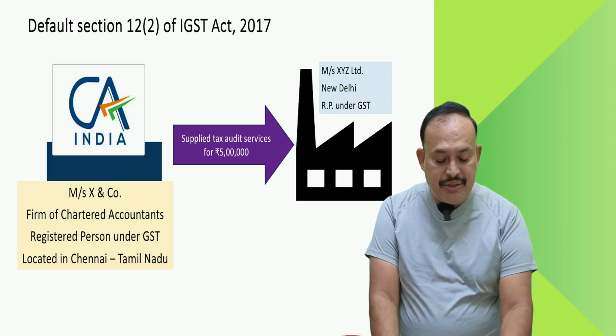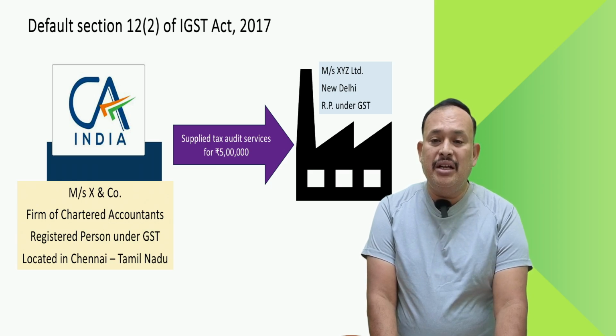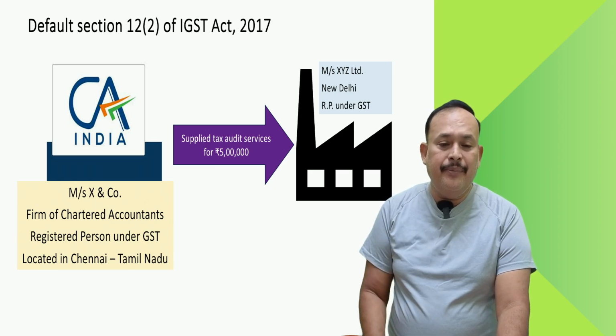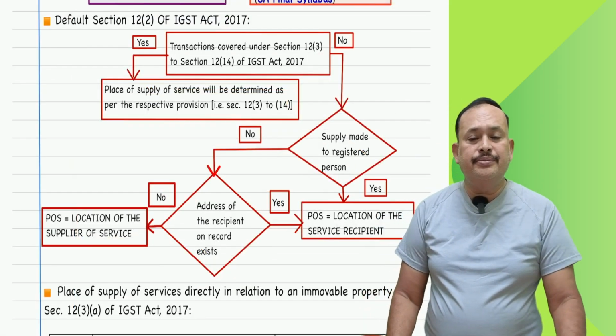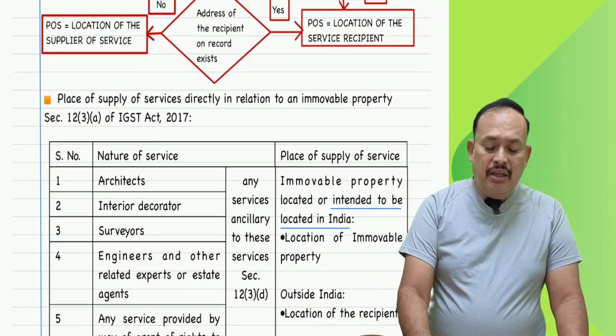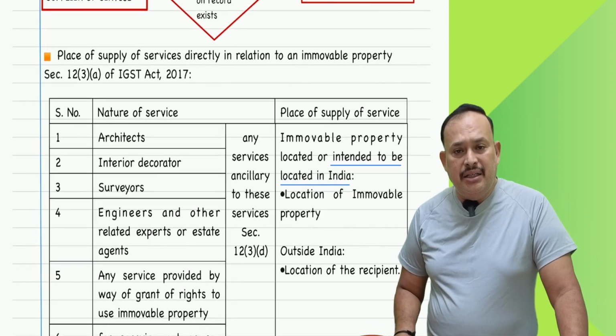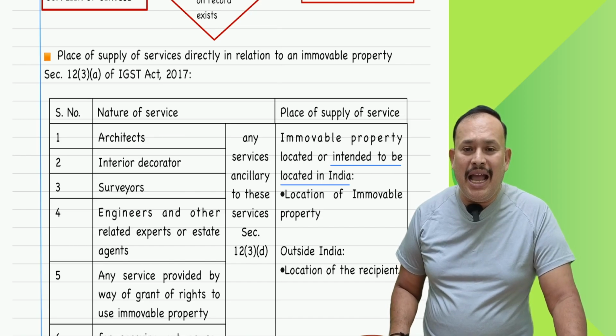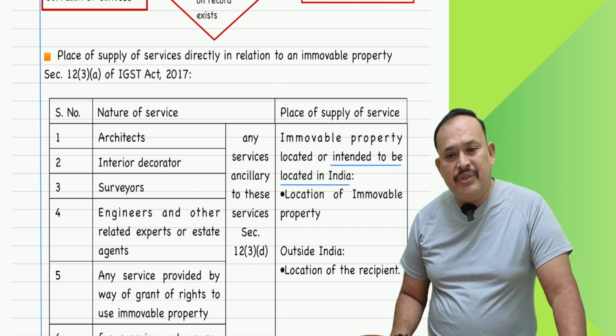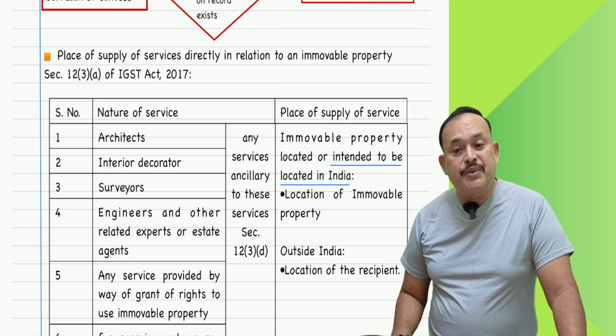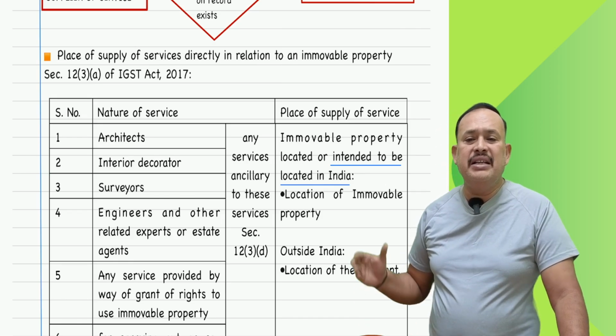Further, my dear friends, coming to section 12 subsection 3, which talks about services supplied directly in relation to an immovable property. Section 12 subsection 3 clause A of IGST refers.